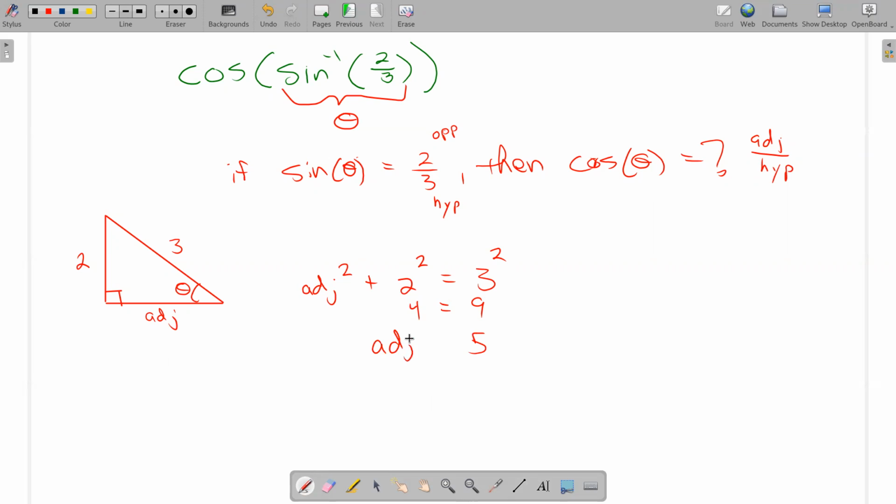So the adjacent side squared is 5. So the adjacent side itself has to be the square root of 5. So now I know that the cosine here ought to be that adjacent divided by hypotenuse. So the answer here ought to be the square root of 5 adjacent over hypotenuse 3. And we can test that out on a calculator, see if it works.